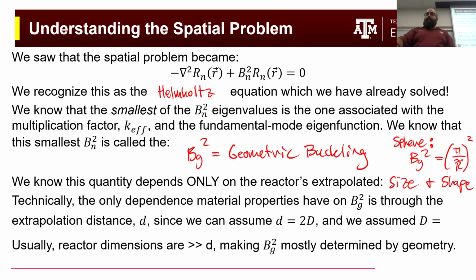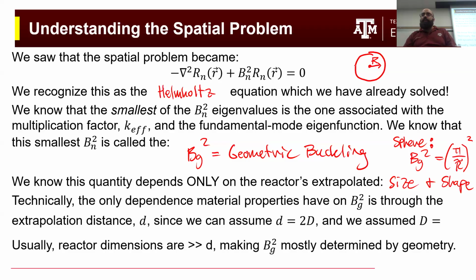So technically, there is some material property dependence on the geometrical buckling, and that's because of this R tilde, when we talk about the extrapolated reactor dimensions. If we had a sphere and this was the actual physical radius of our sphere R, then when we say that it's a vacuum boundary, we're saying at some extrapolated distance away from the reactor, the flux goes to zero.